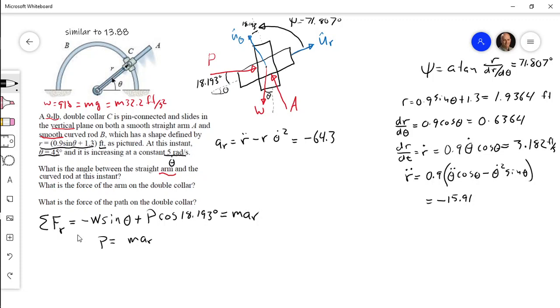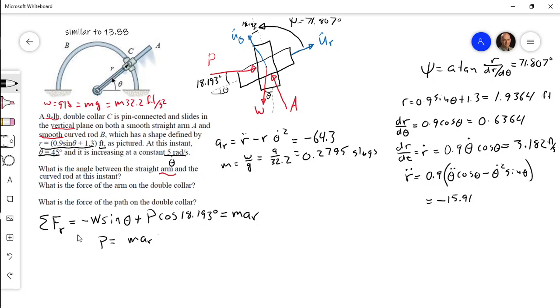That'll be M equals W over G, which is 9 over 32.2, which is some number of slugs. 9 divided by 32.2 is 0.2795 slugs.